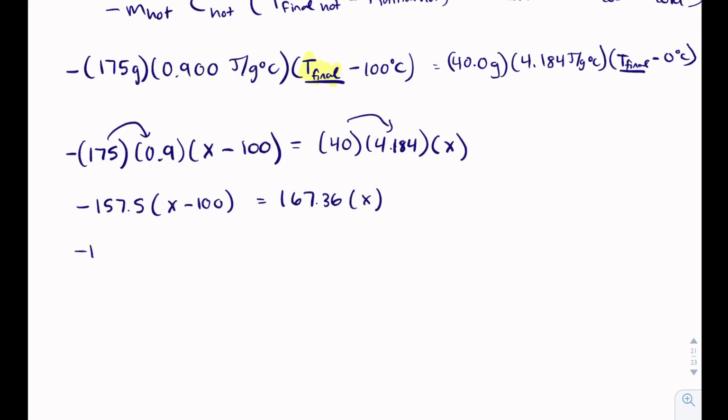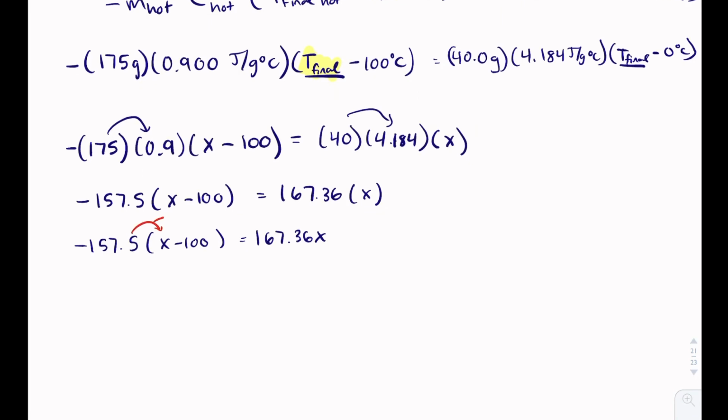This is going to be negative 157.5 times x minus 100 equals 167.36x. Now, there's a couple steps that you can do here. Both are fine. You can distribute this. Okay, so I'm going to do it this way, and then I'm going to erase it and show you a second way that I actually like a little bit better.